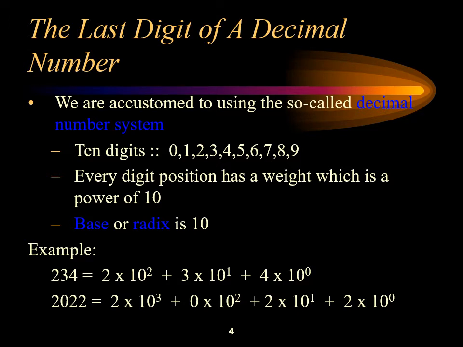For example, 234 is equal to 2 times 10 to the second power, plus 3 times 10 to the first power, plus 4 times 10 to the 0 power, which is 1. And the number 2022 can be expressed as 2 times 10 to the third power plus 0 times 10 to the second power, and so on.